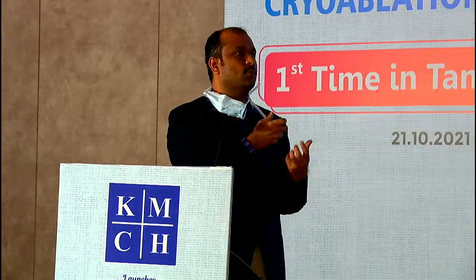So in a single burn, you will create a good circular ablation. The only prerequisite is you have achieved a good apposition of the balloon, which may not be possible in a lot of patients. Today we have two patients, one patient we are able to achieve a good apposition in most of the veins, and second patient we really struggle. So it's not like every patient will have that.